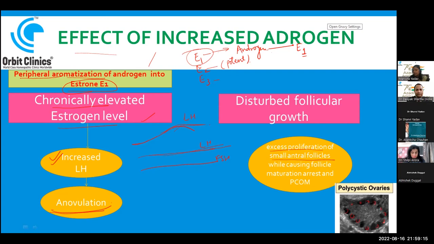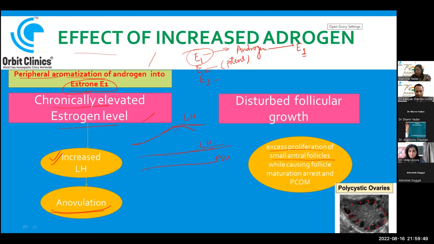This type of appearance, which is a classical presentation of PCO, will appear, and this will lead to maturation arrest. All the follicles which are in early stages keep on growing, keep on proliferating, but none of them reaches the stage of maturity, and this will lead to disturbed follicular growth. And that's why the polycystic ovary morphology or pattern is present in the ultrasound.